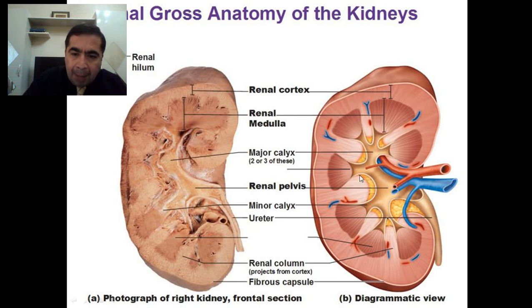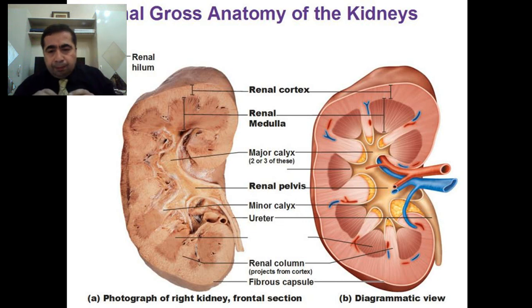into the minor calyces. Minor calyx is singular, minor calyces is plural. The papillary ducts are opened into the minor calyx. Two or three renal papillary apexes are opened into one minor calyx.